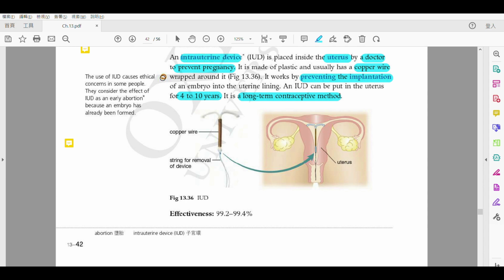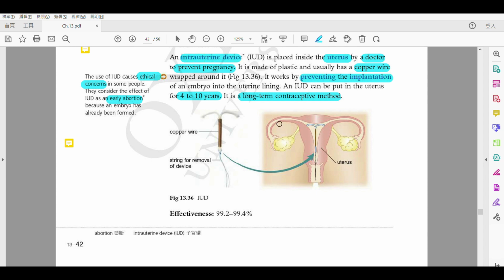Okay. Somehow this IUD causes some ethical concerns. Read it yourself. Ethical means moral considerations, okay? Ethical concern, because some people think that the IUD is actually an early abortion. Abortion means 墮胎. Because somehow the embryo is already formed.